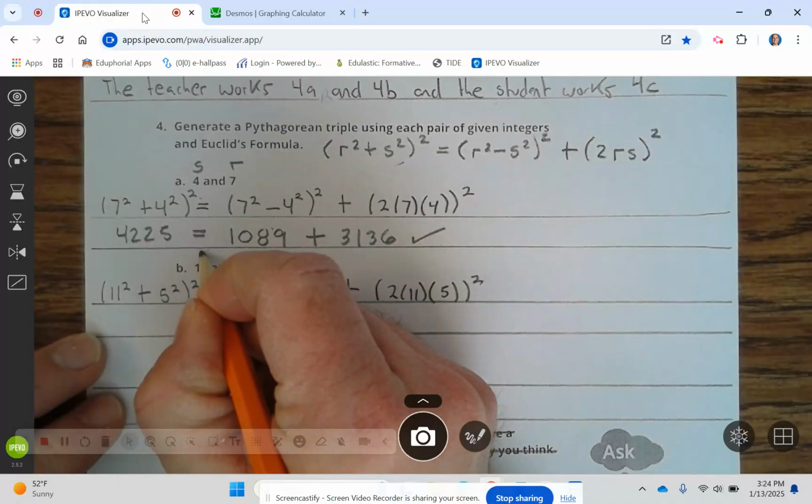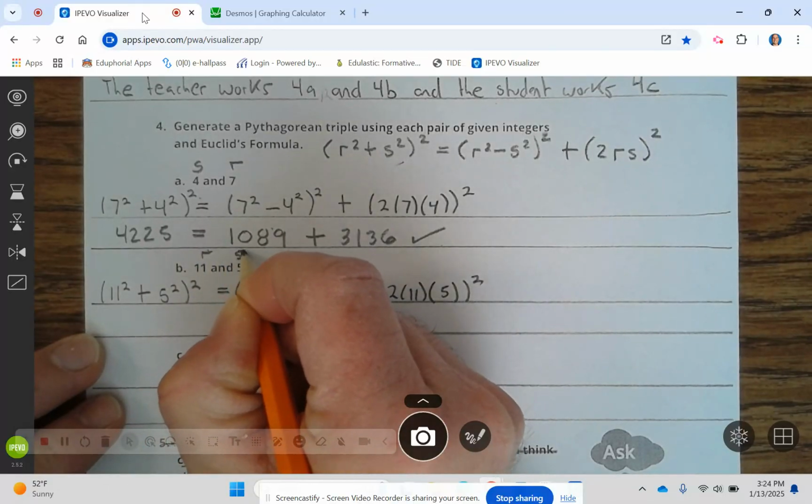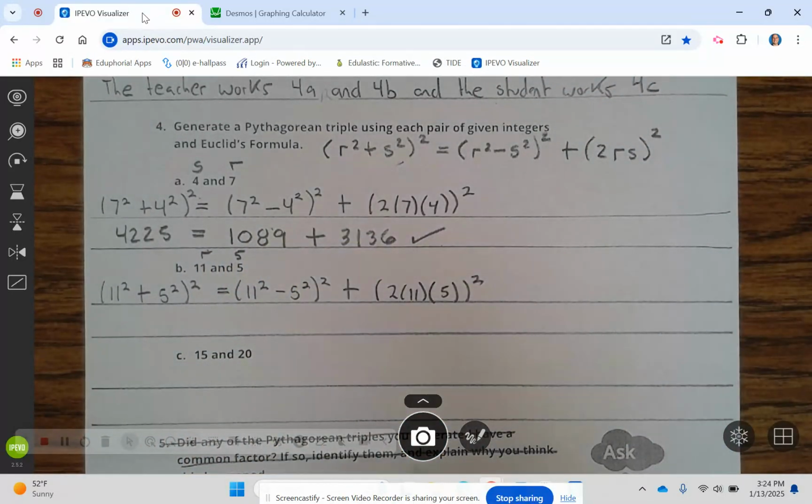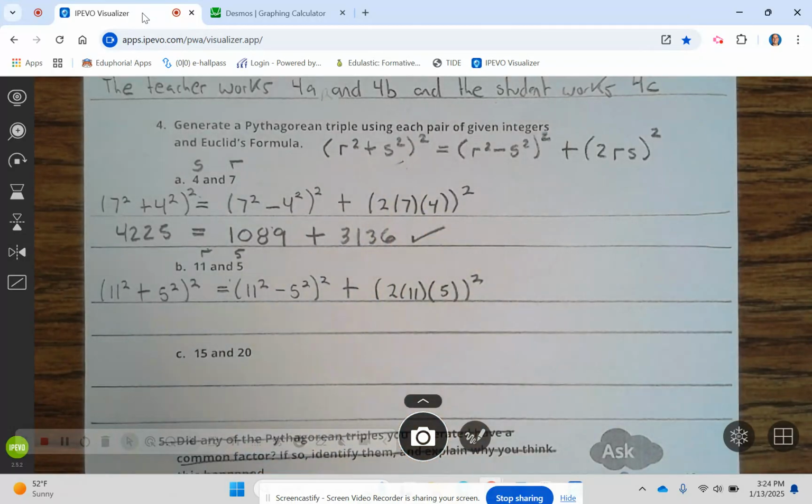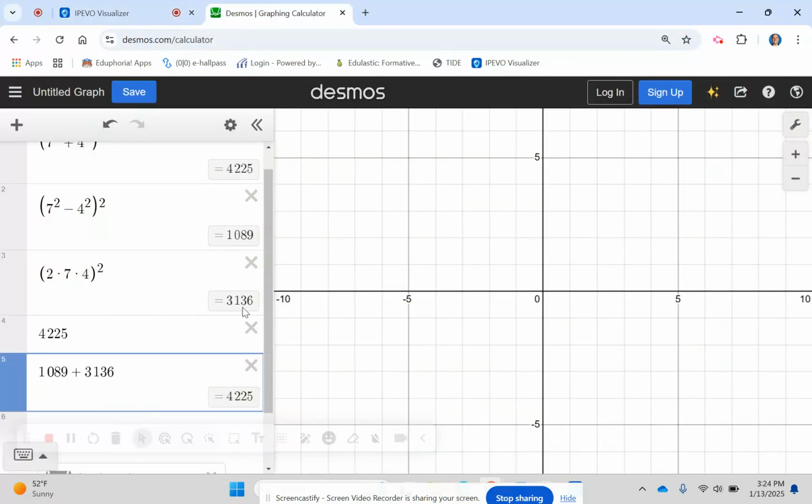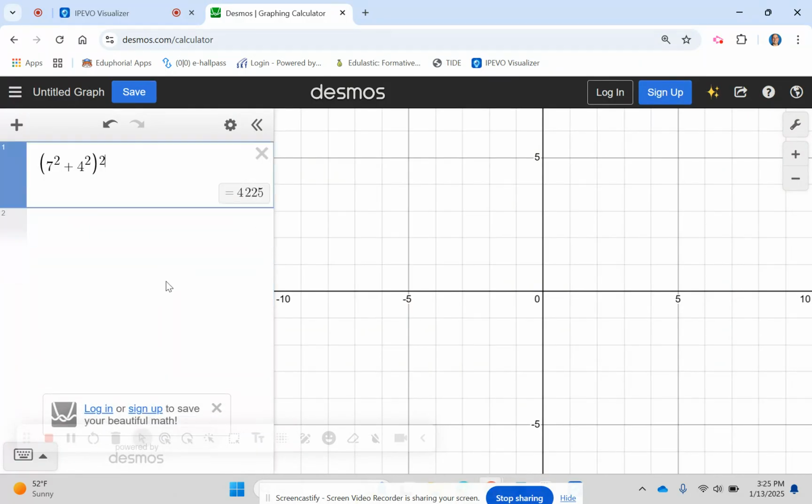where this is R and this is S. So we plug these numbers into this formula. And let's go ahead and clear out our previous problem.